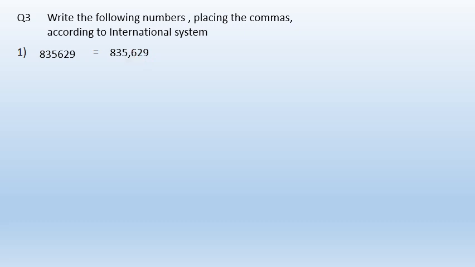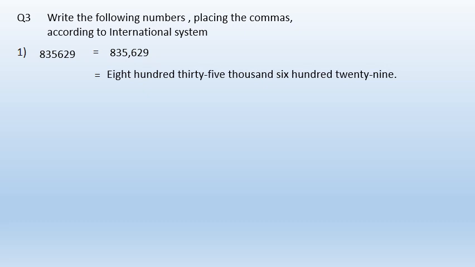Now how are we going to read this? 629 is ones place, 835 is thousand period. So how are we going to write it down? 835,629. Just look. 835,629.